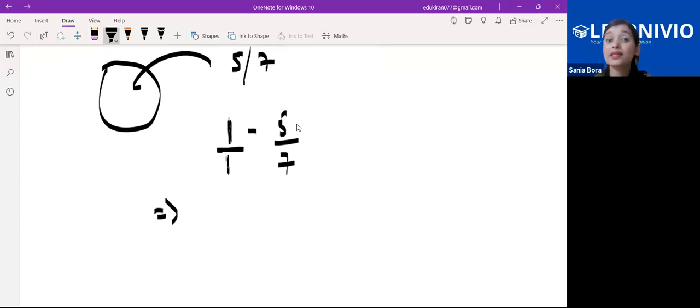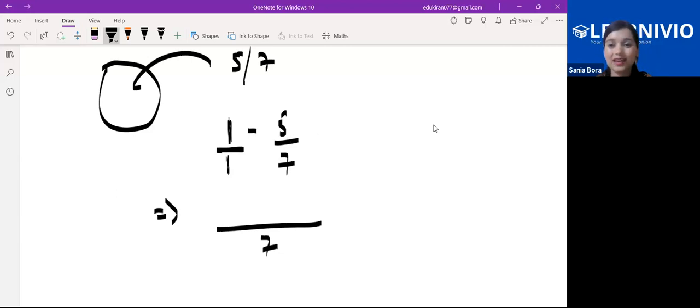It equals 1 minus 5 by 7. What should I write here? Yes, 1 minus 5 by 7. The denominators are different. How would you write 1 minus 5 by 7?